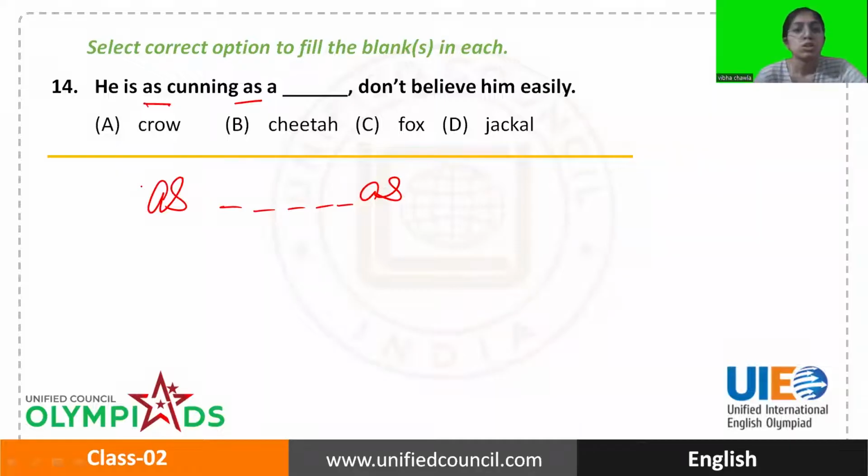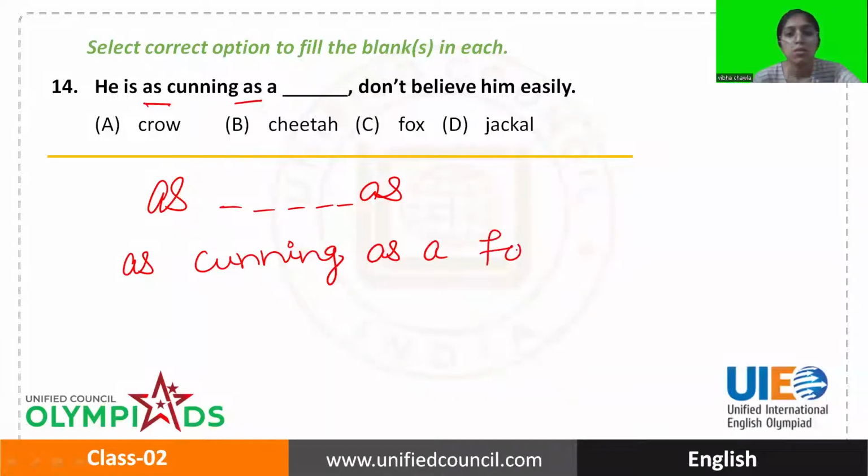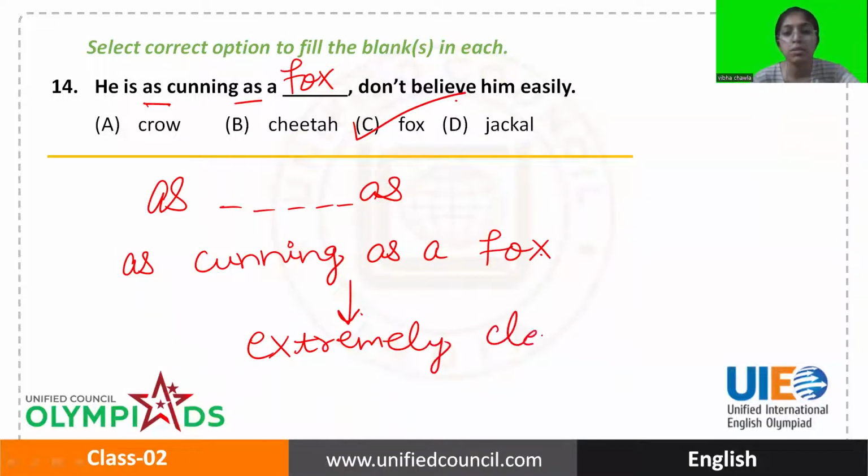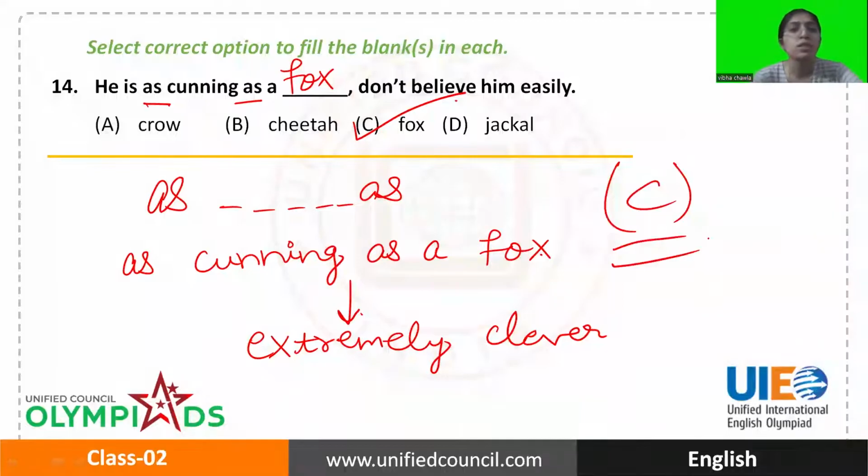So the correct simile is as cunning as a fox. We use fox to show cleverness, right? So to show that somebody is extremely cunning or extremely clever, we say somebody is as cunning as a fox. So it is option C.